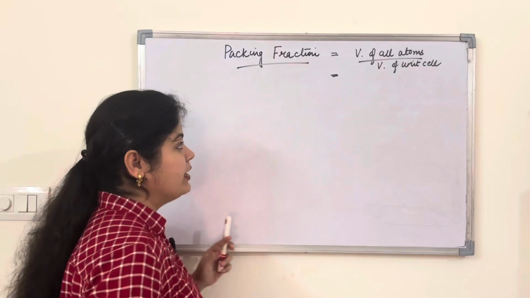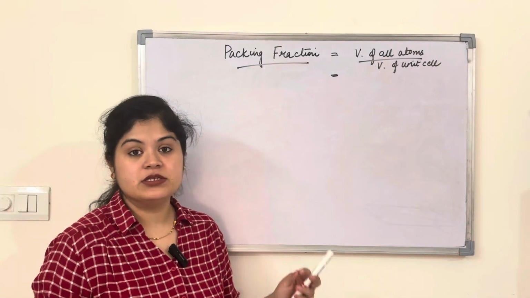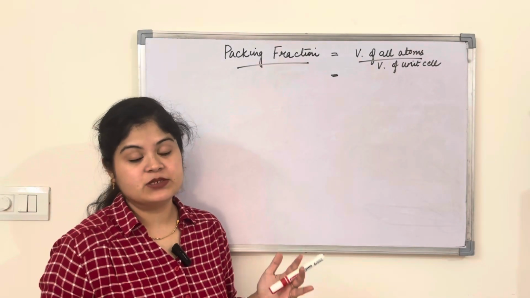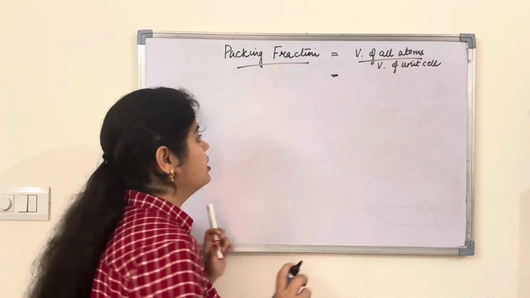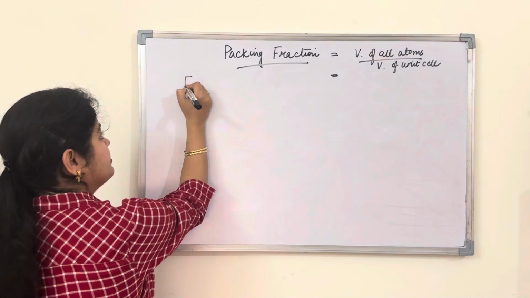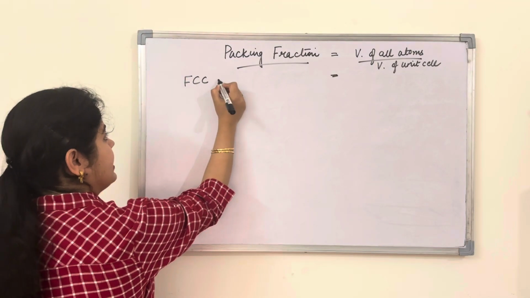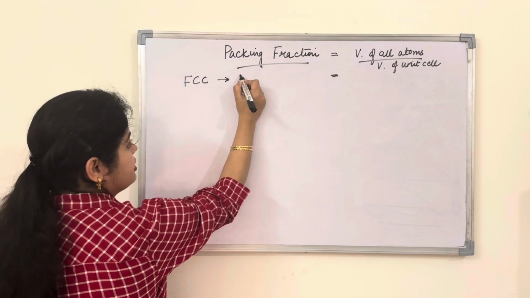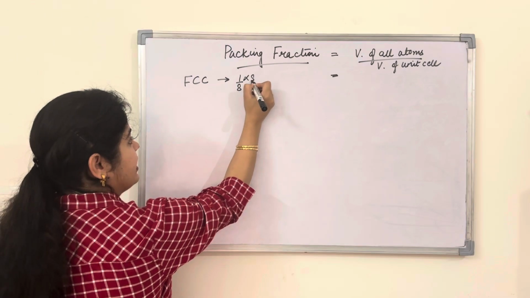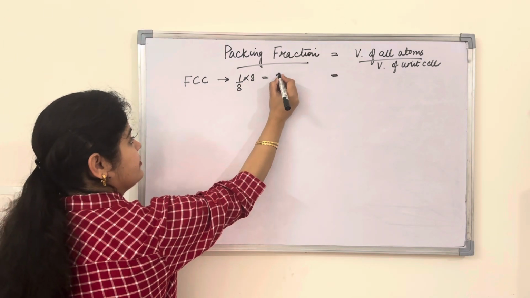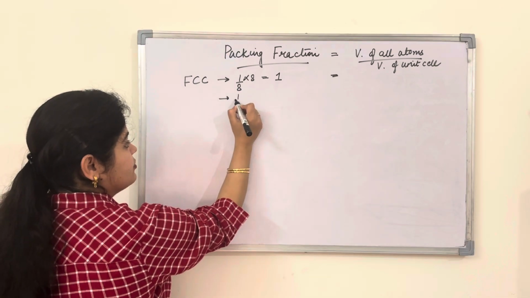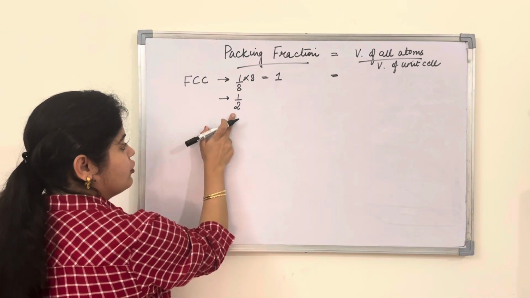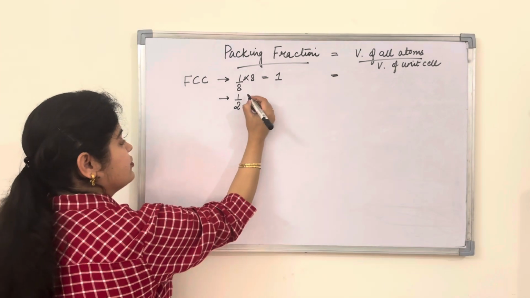Now for calculating the volume of all atoms, we need how many atoms are there in one unit cell of diamond. So we know that the diamond structure has FCC atoms which are at the corners. So the contribution of corner atoms will be 1 by 8 into 8, which is 1. And we have face centered atoms which give the contribution as half towards the unit cell.